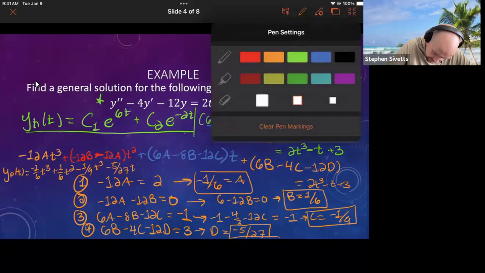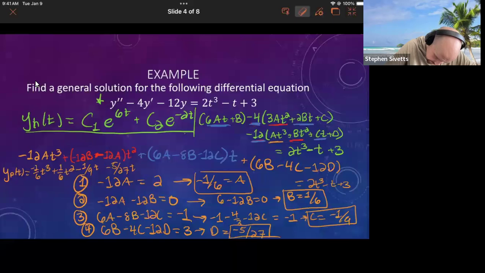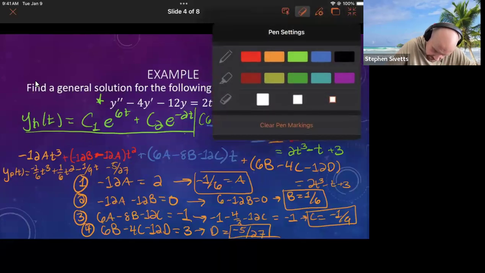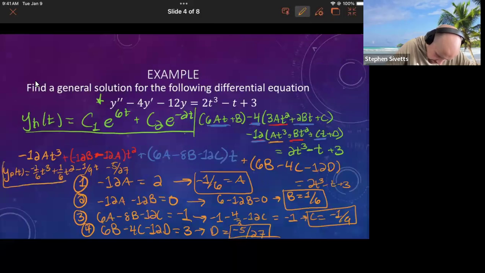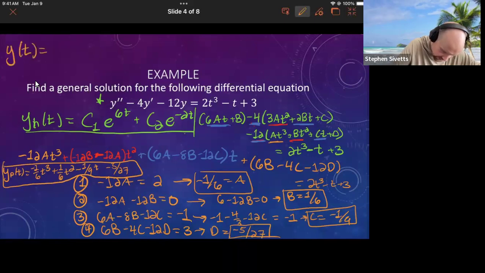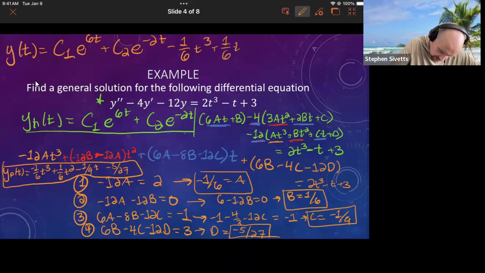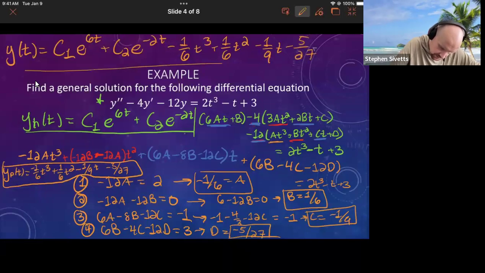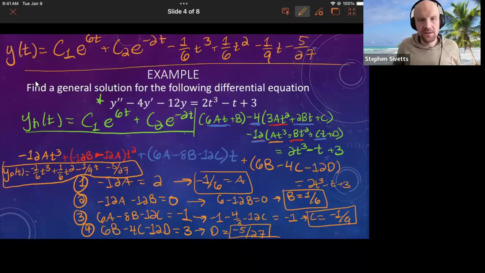This last term is a constant. So this here's the particular solution. And therefore, the general solution is equal to C1 times e to the 6t plus C2 times e to the minus 2t minus 1/6 t cubed plus 1/6 t squared minus 1/9 t minus 5/27. Okay, so that's your answer.